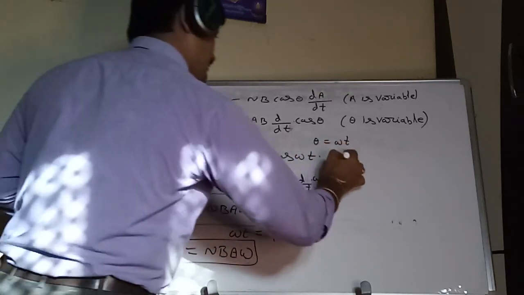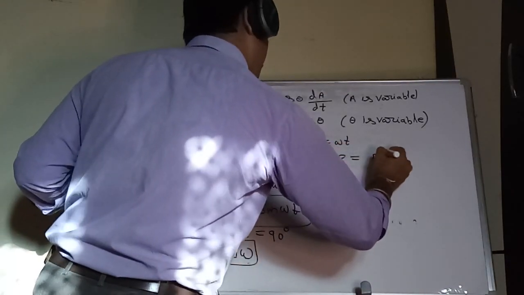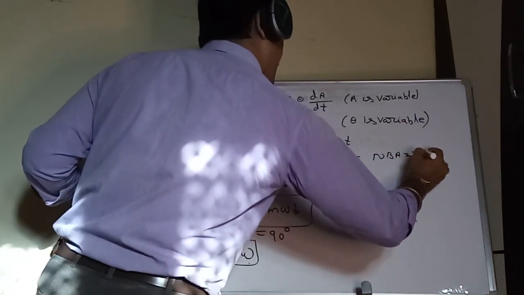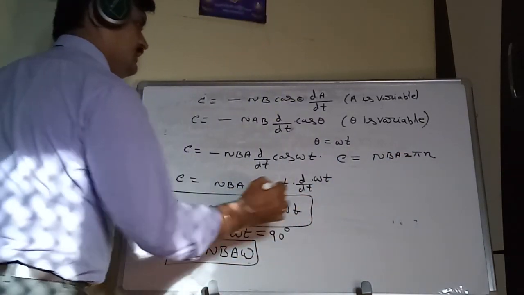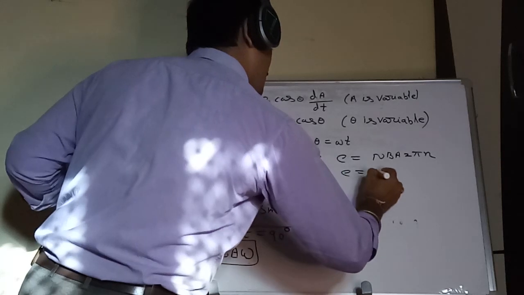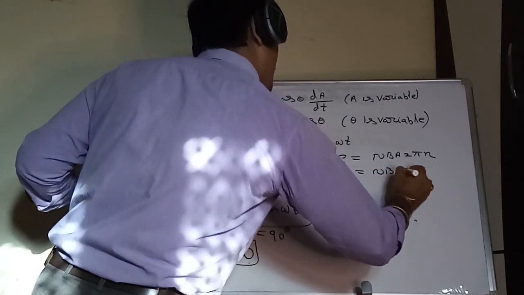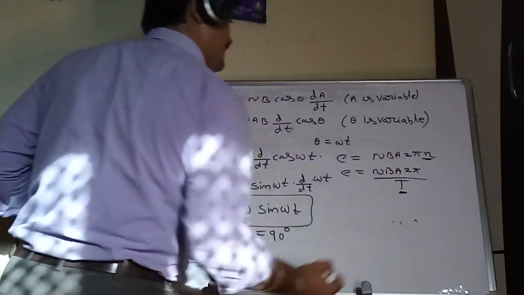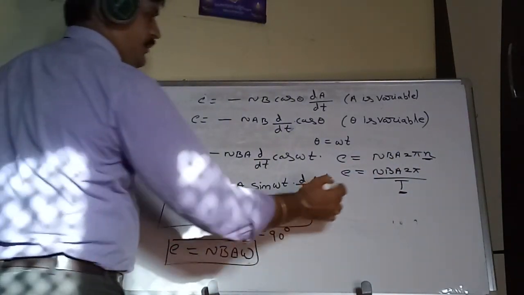So E is equal to NBA omega, with omega equal to 2 pi n, so E is equal to NBA times 2 pi by T. T is the time period, n is the frequency.